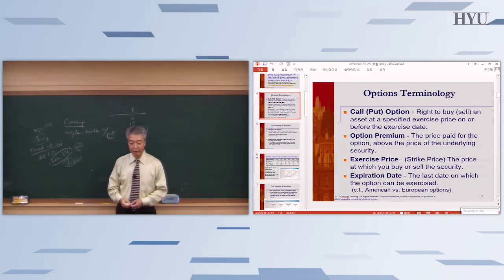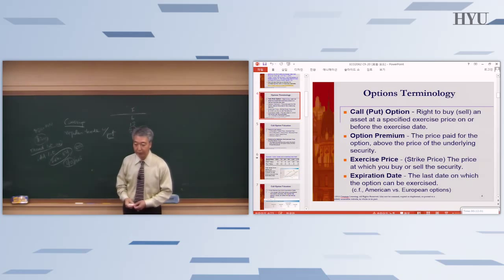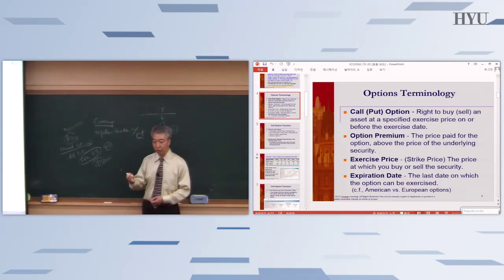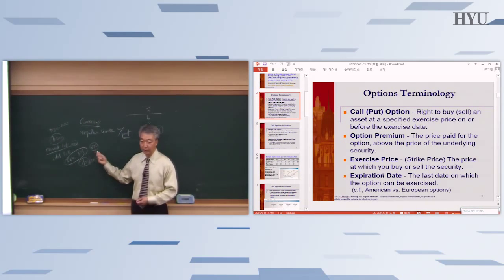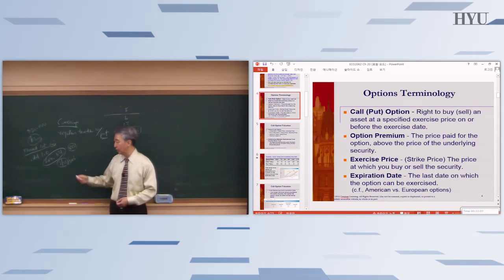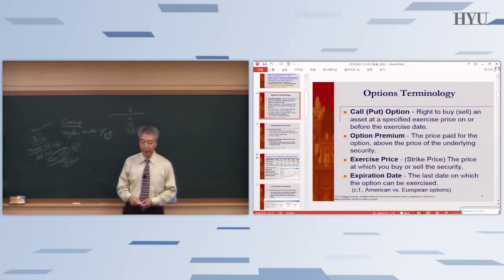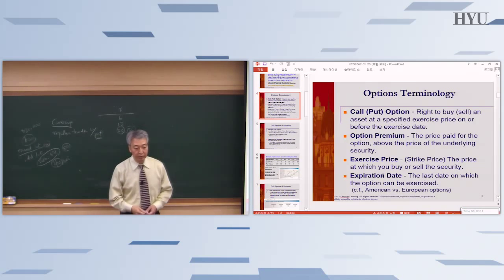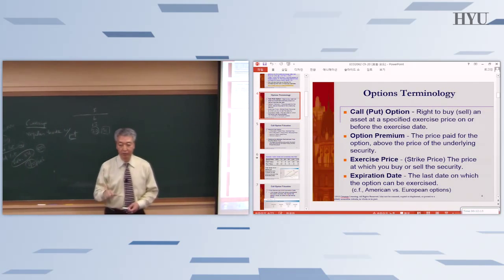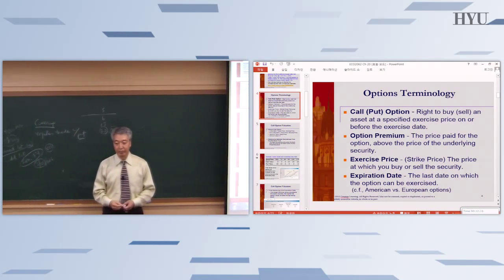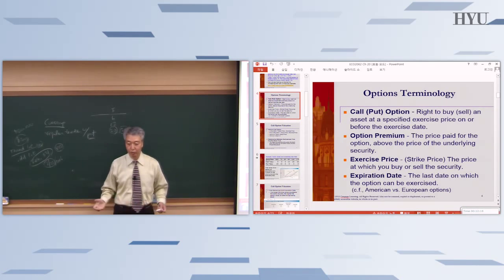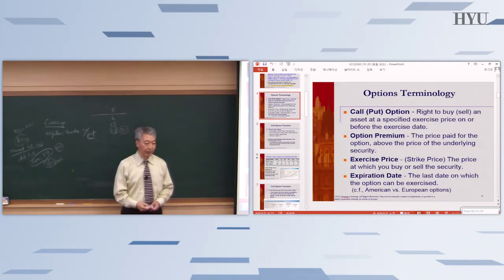Of course, you're not going to exercise it, because you can sell your shares at $22. If you exercise it, you get only $21 from me. So if that happens, you will simply let it expire. Don't do anything, and it will expire.